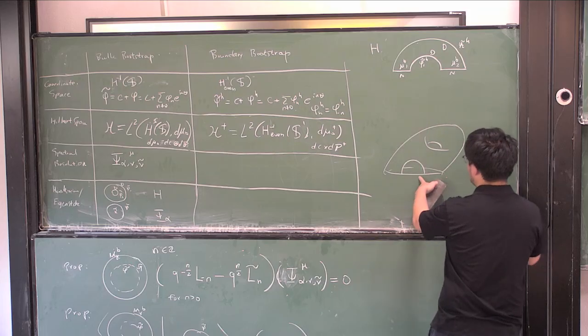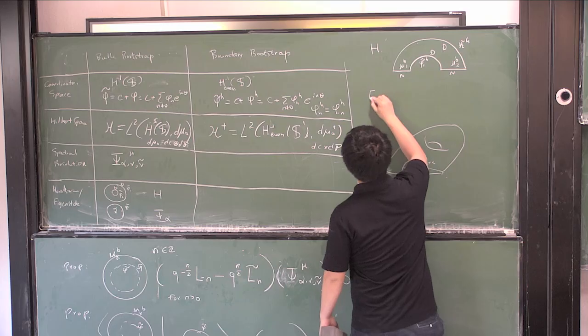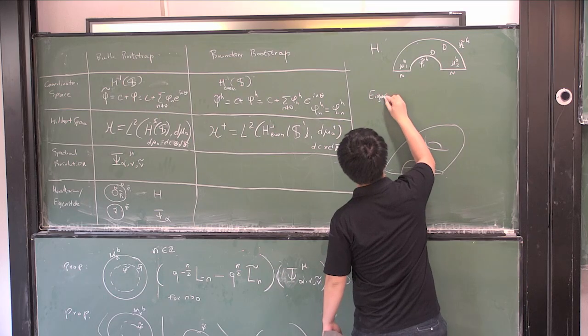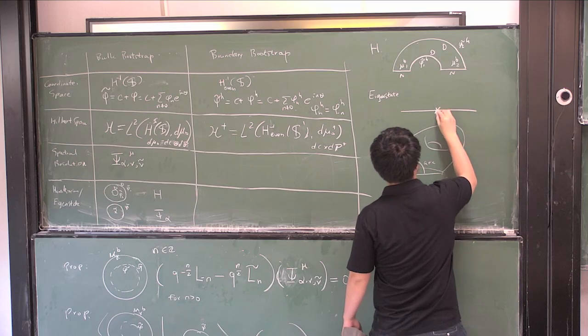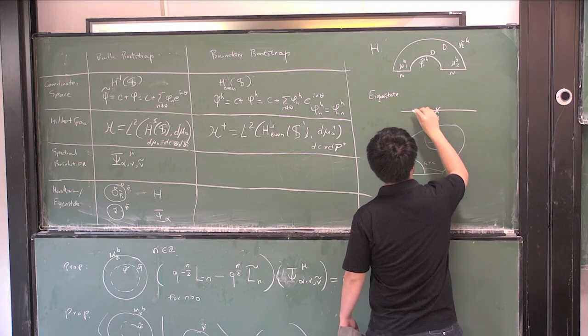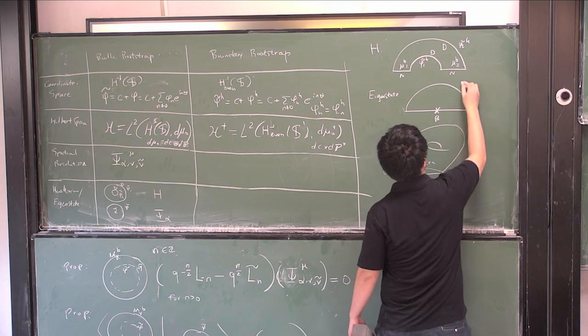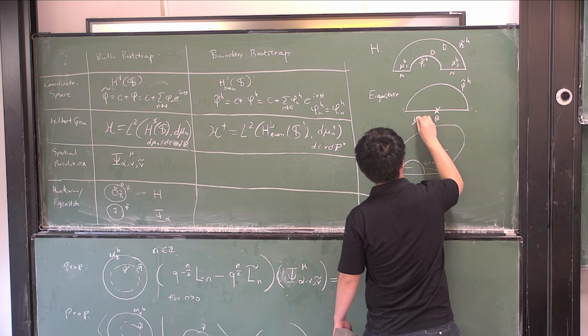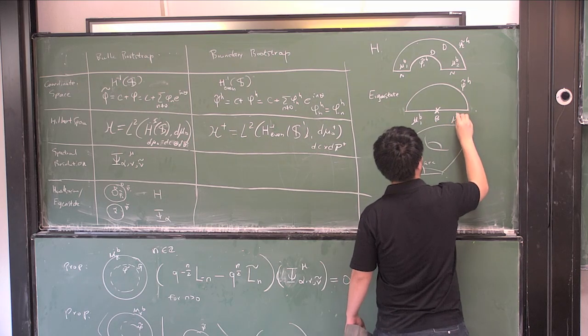And the eigenstate, I only keep a picture like the boundary case. The eigenstate corresponds to an insertion here, and you consider this kind of amplitude. On two sides, you have two boundary cosmological constants.